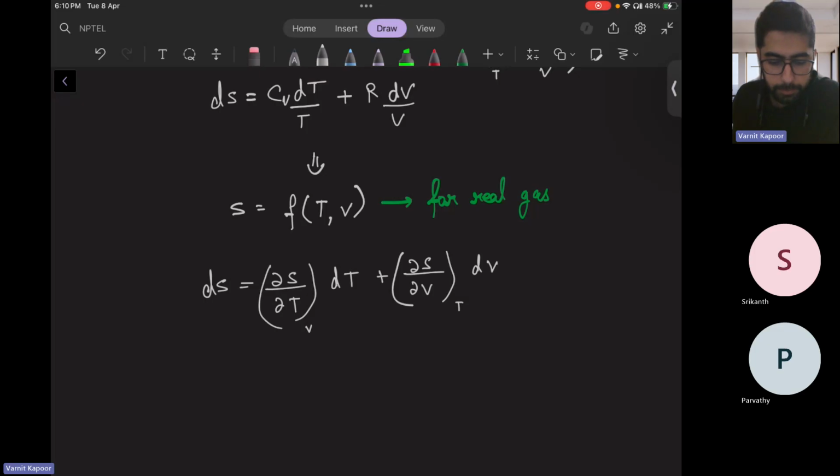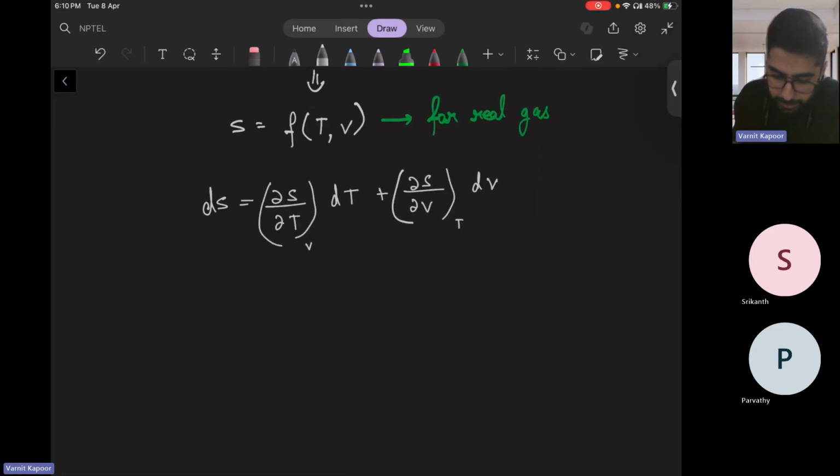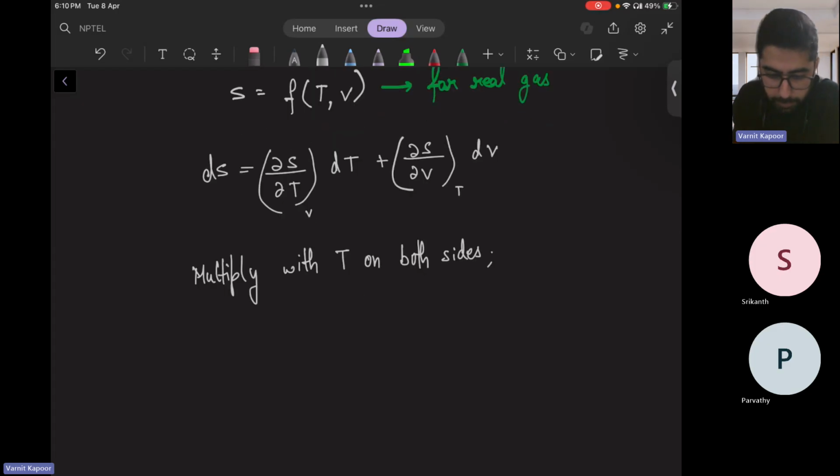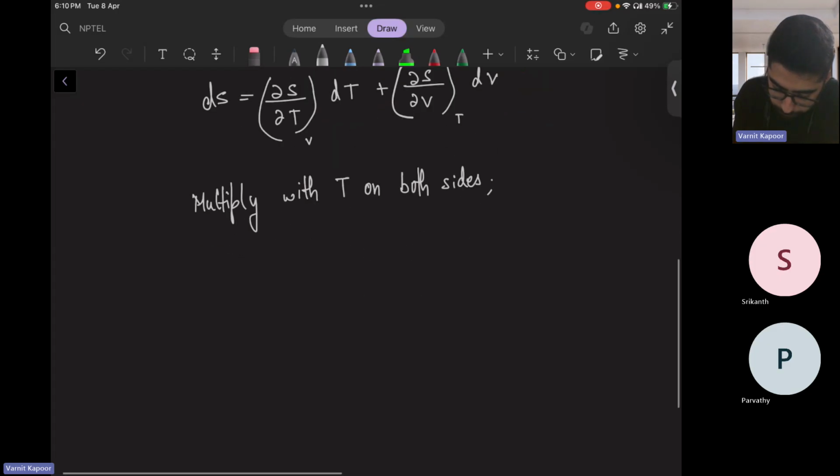All right. Now also multiply with T on both sides. What will you get in the above equation?